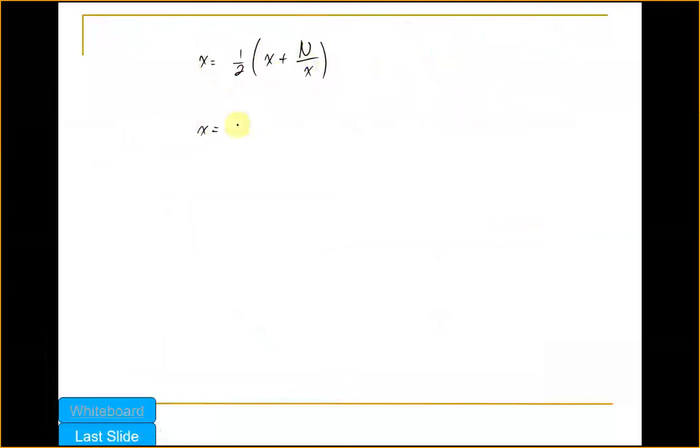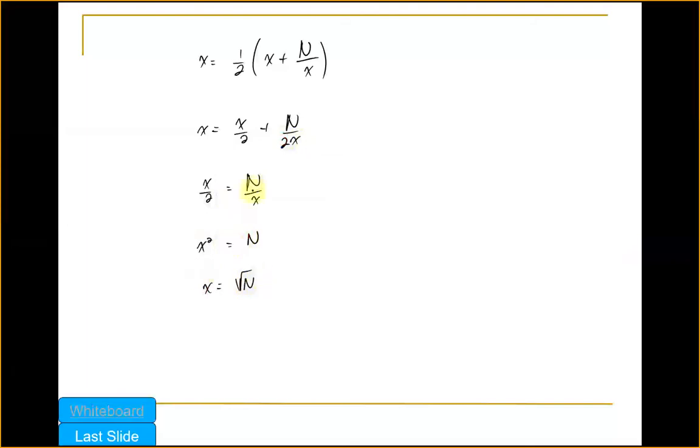We get x equal x over 2 plus n over x. So this becomes x over 2 equal n over x. Solve for x, it becomes, oh, n over 2x, pardon me. So this becomes x squared equal n, and therefore x equal square root of n.